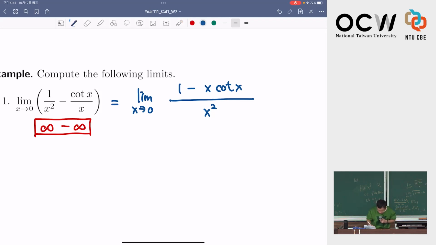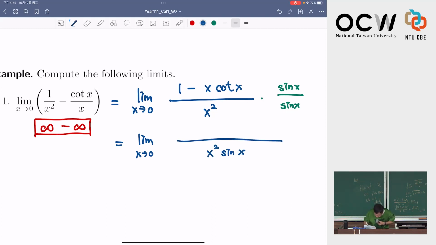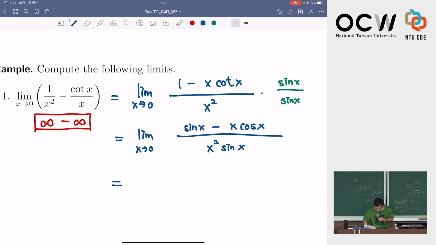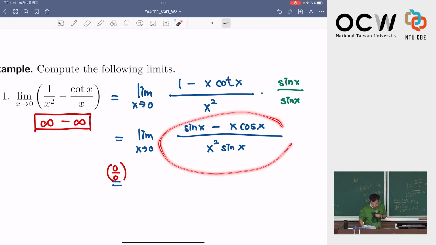So we would like to tidy this up a little bit by clearing the denominator to obtain x squared sine x at the bottom, and sine x minus x cosine x at the top. The reason I do it is that now it's clear this fraction is of the form 0 over 0. It becomes very L'Hopital. So let me repeat: the reason I clean this up is that after I clean it up, I get a fraction that is more clearly of the form 0 over 0.